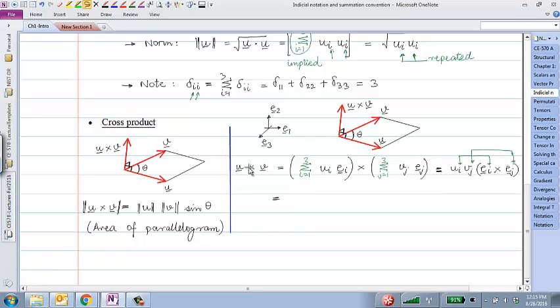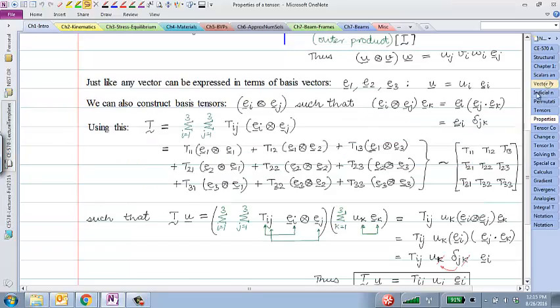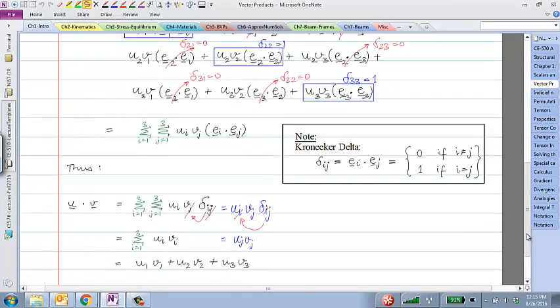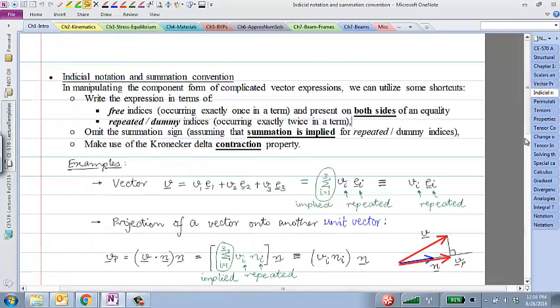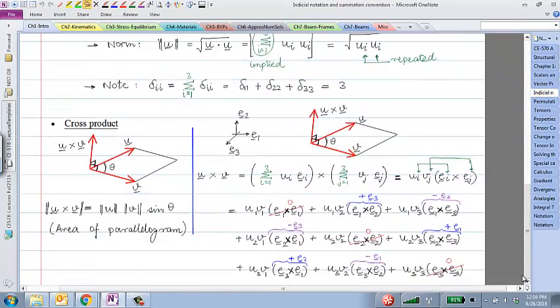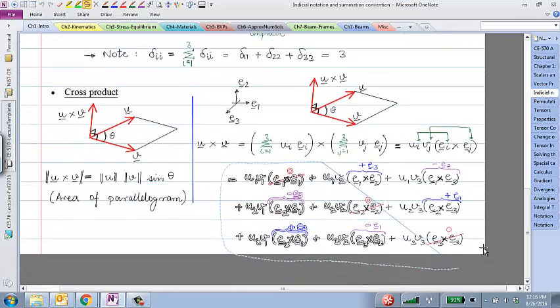For u cross v, we take the description of u in terms of i, and the description of v in terms of j. We'll have the same 9 terms. Let me see if I can borrow some of those terms rather than repeatedly writing them. I don't know about you, but I'm tired of writing those 9 terms. So I'm going to copy all of that.